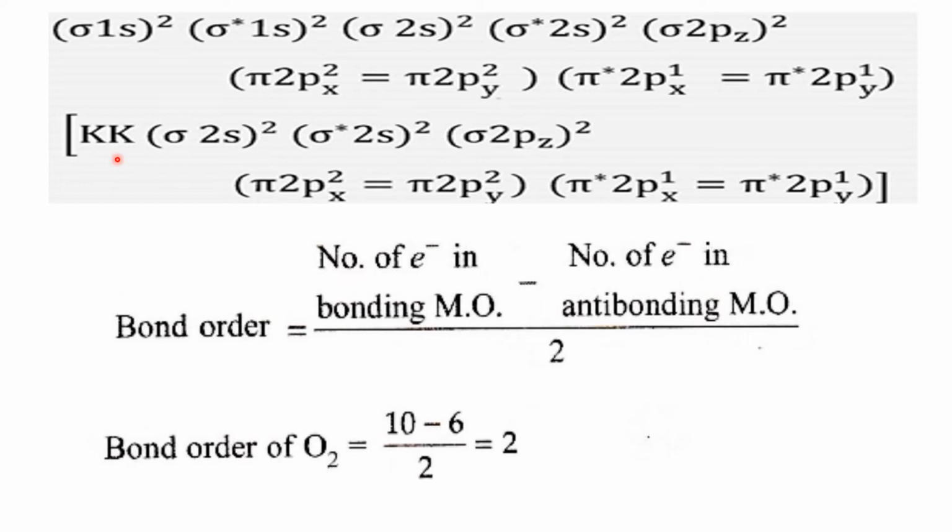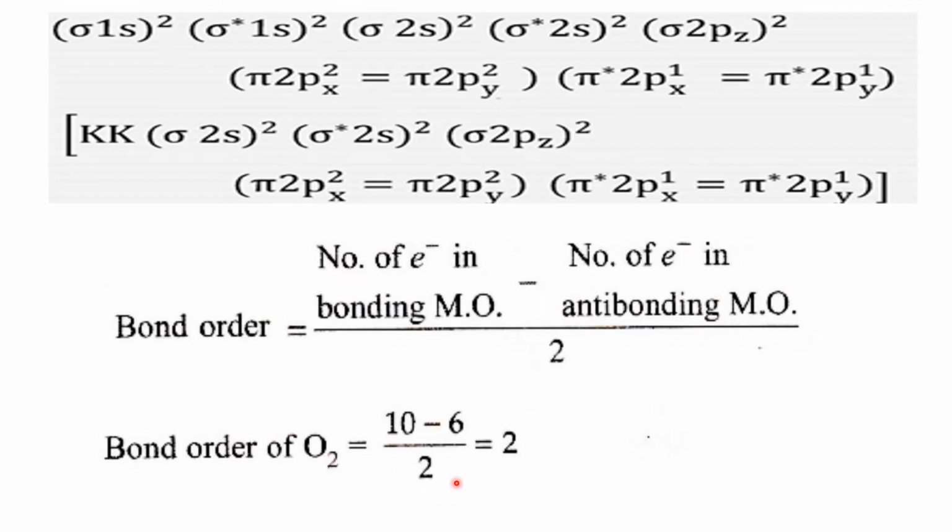Now we have to calculate the bond order of this particular molecule. We have 2, 4, 6, 8 and 10 electrons in the bonding molecular orbitals. So 10 electrons are present in the bonding molecular orbitals, while 6 electrons are present in the anti-bonding molecular orbitals.